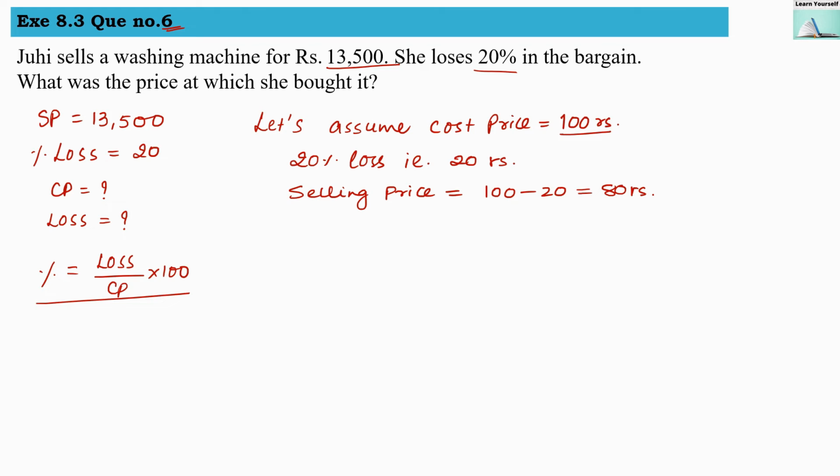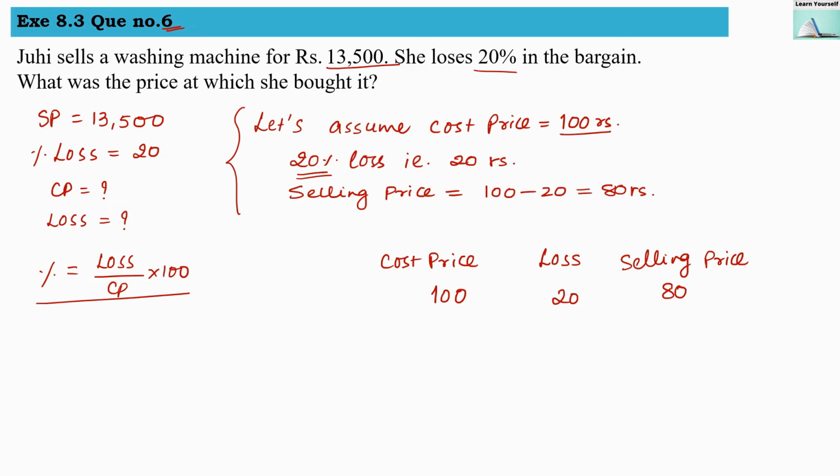With this, we have set one reference for 20% loss. So this reference we are going to use for this numerical. If our cost price is 100 rupees, then our loss is 20 rupees and our selling price will be 80 rupees.